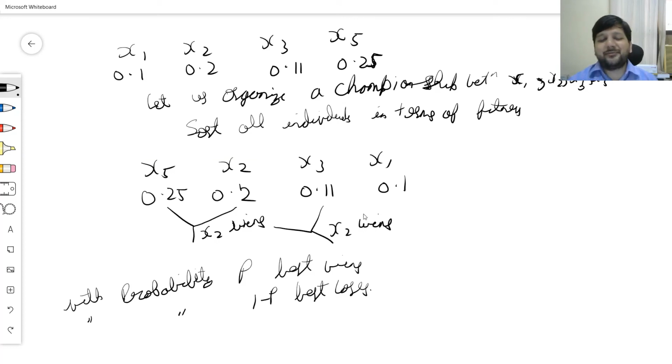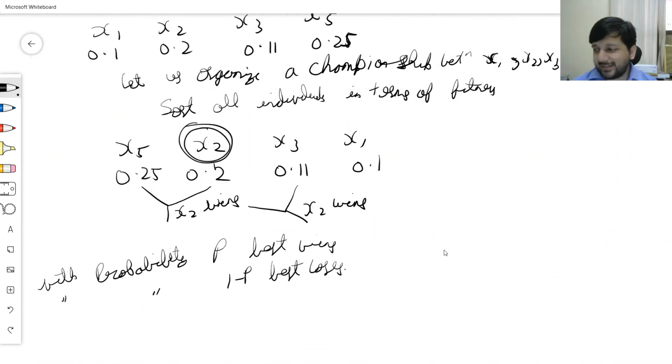The moment the fitter individual wins, it's declared as the selected individual, the winner of the championship. It gets to take the title. If the fitter individual had lost, it would have been an absolutely different thing. So currently the fitter individual has won, so x2 wins and x2 gets returned.